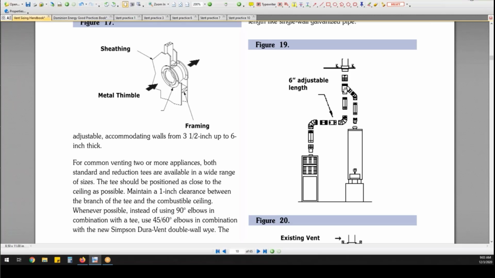The T would be part of the main stack. So let's assume this is 6-inch. This T has got to be 6-inch to hook onto the main stack, and then off of the T, depending on what the tables tell you, this may be 3 inches. So from the T down to this point, this is all connector. And also from the T, this might be 4 inches or 5 inches, depending on the tables. So from that point down is going to be the connectors.